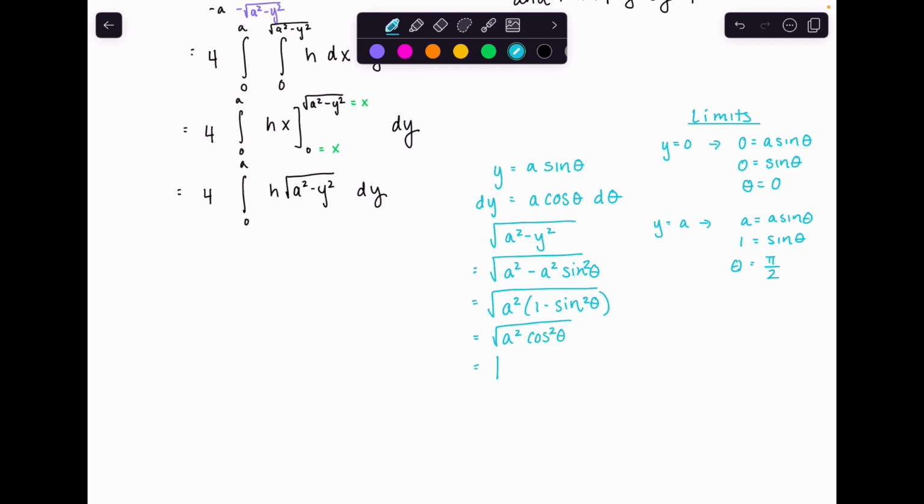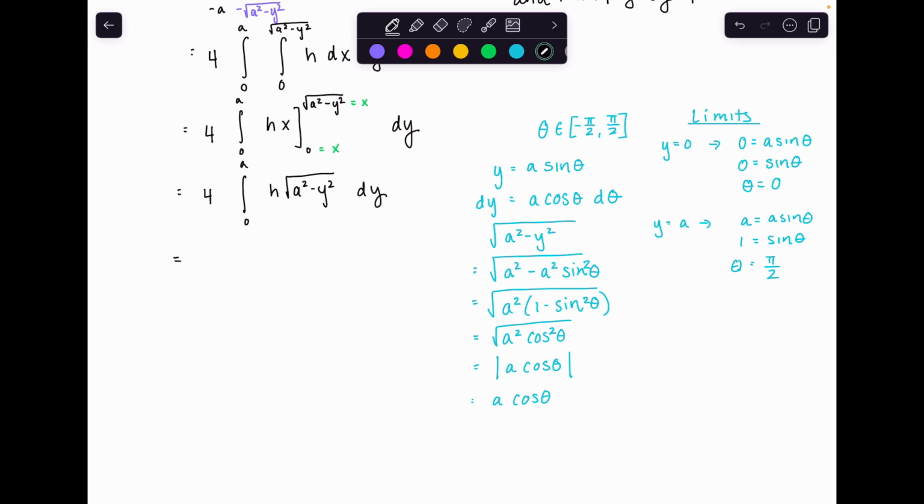And at this point, technically, again, when you take a square root, you get an absolute value of the thing on the inside. But if you remember the restrictions we made long ago, we would pick that theta to be inside the interval negative pi over 2 to pi over 2. This way it took on all the values of sine. And when you do that, that's quadrant 1 and quadrant 4. So cosine is positive. And then a is the radius. It's also positive. So the inside is going to shrink, which is fantastic.